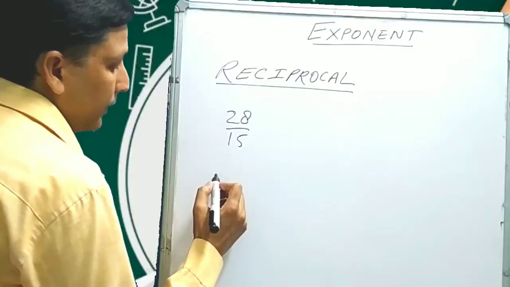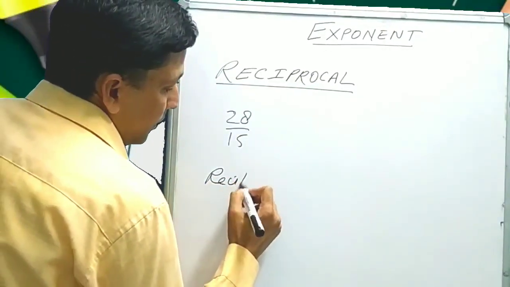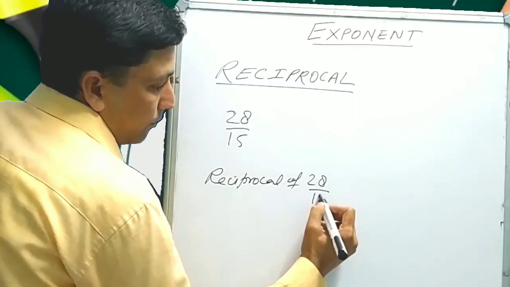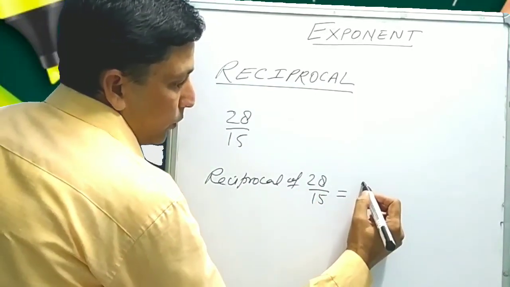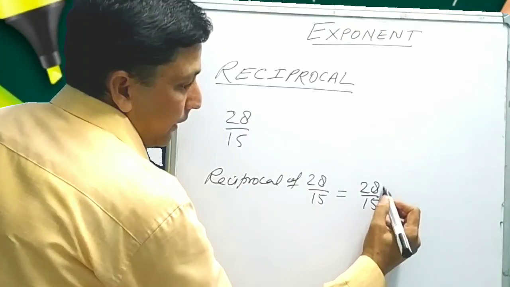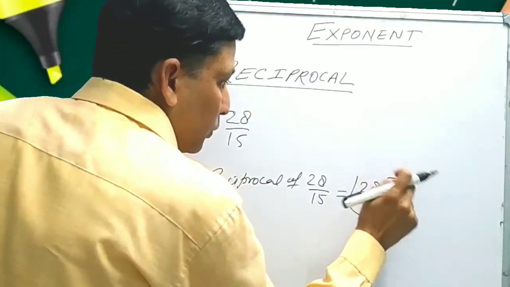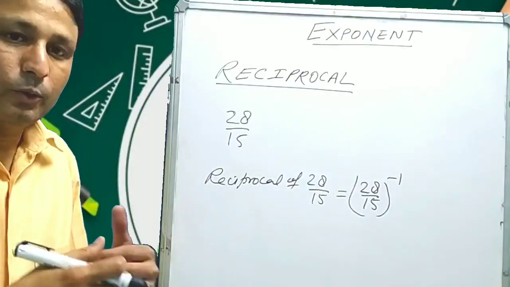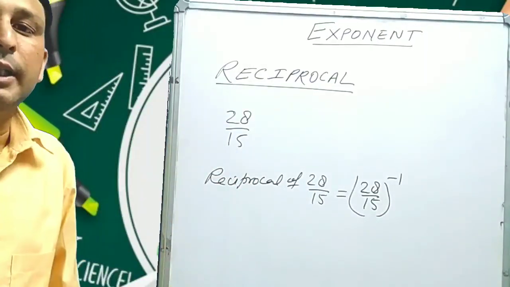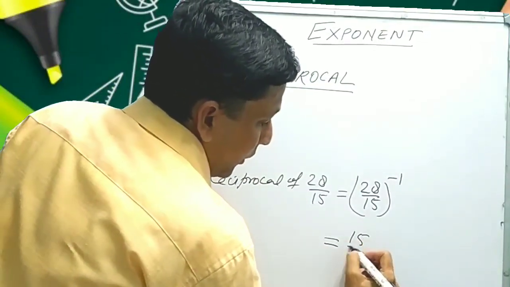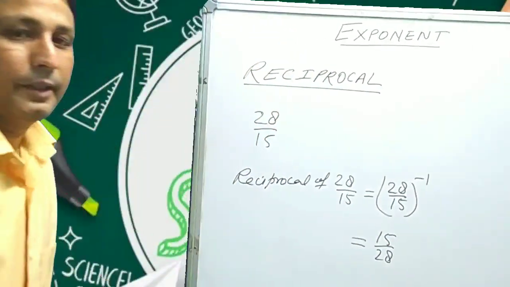So here we will write reciprocal of 28 upon 15 is equal to 28 upon 15 raised to the power minus 1. This minus 1 indicates that you have to find the reciprocal, and in the next step we can write 15 upon 28.